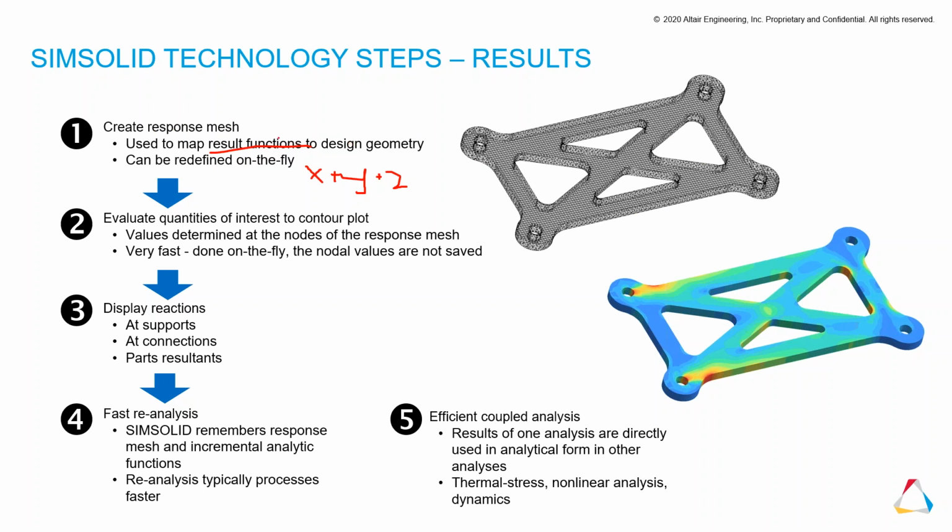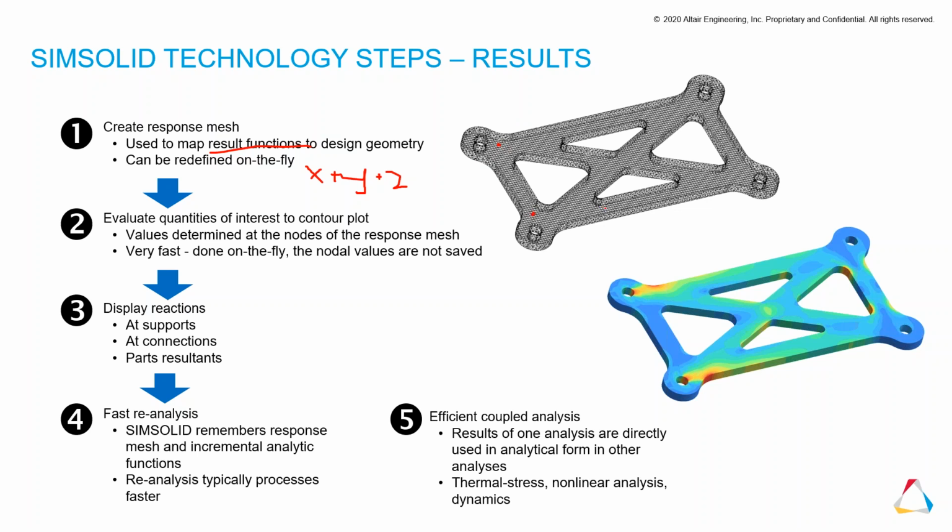So meshing is not done before solving. Meshing is done after solving, and it's only a mesh on the outer part or the surfaces of your part. So the response mesh is applied on the outer surface, and with this response mesh, the user can click on a certain point and extract what the stress is at this point, right?